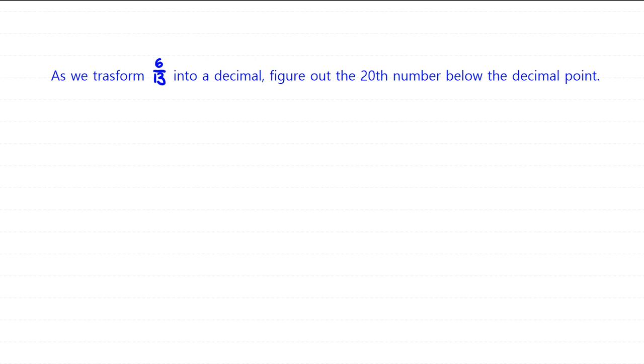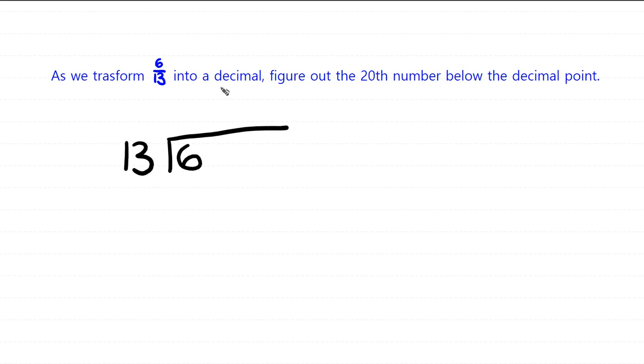Now let's look at question 3, which is the last question we're going to cover in this video. Question number 3: as we transform 6/13 to a decimal, figure out the 20th number below the decimal point. To turn this number into decimal form, we have to divide 6 by 13. So let's do that, as it is better done than said.